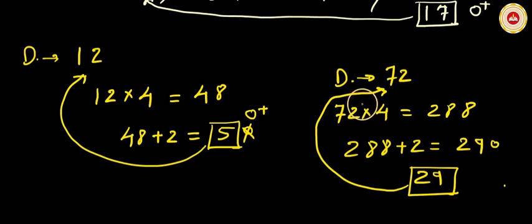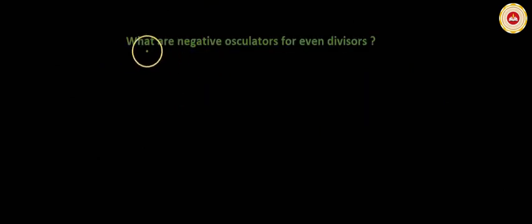Now friends, let us see how to calculate negative osculator for given divisor. Now friends, let us learn what are negative osculators for even divisors. Friends, just a while ago we learned how to calculate positive osculators for even divisors.